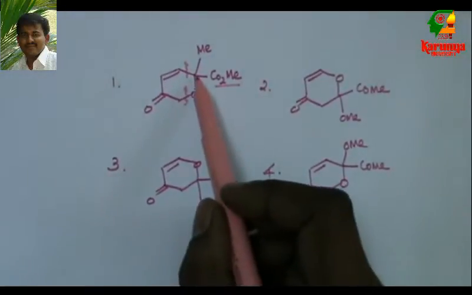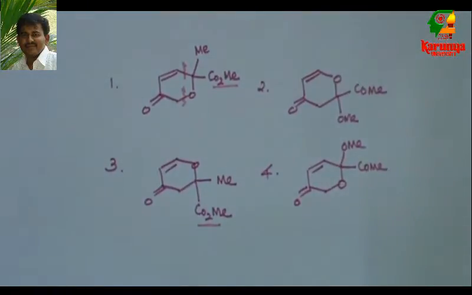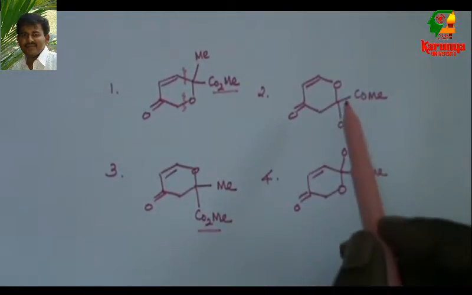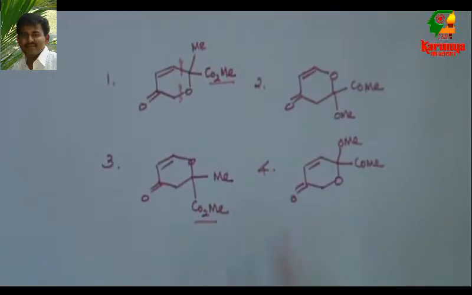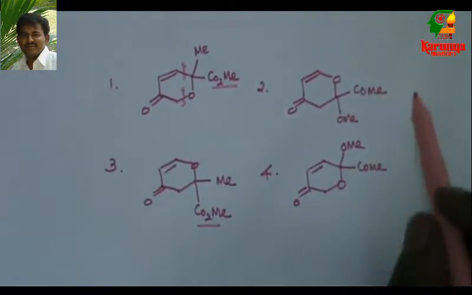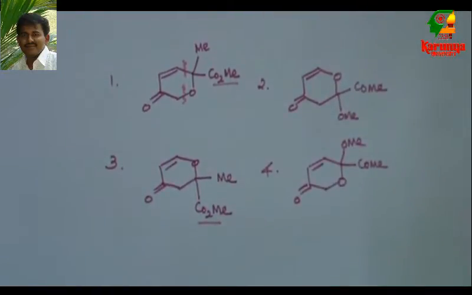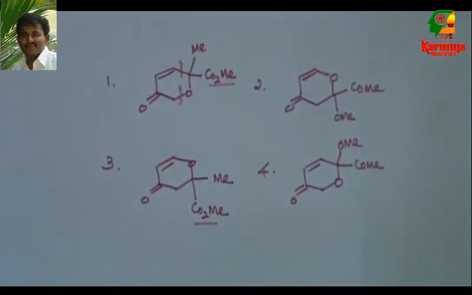The keto group acts as electrophile and it has added here. In the second and fourth, again they are regioisomers, but in this the ester carbonyl has been added to the diene.